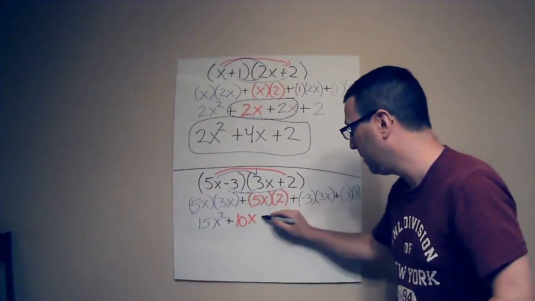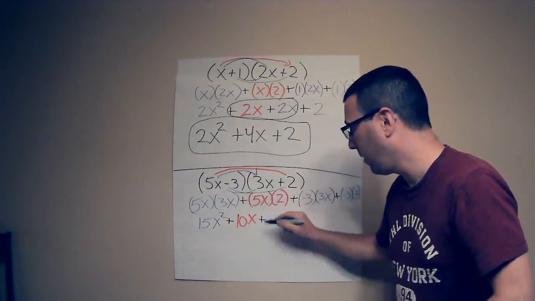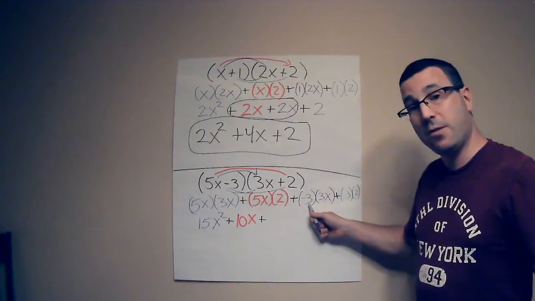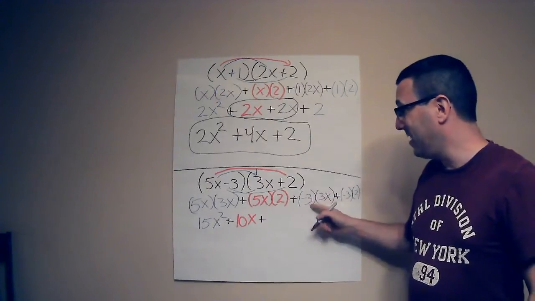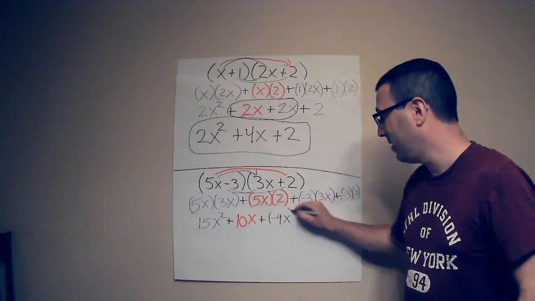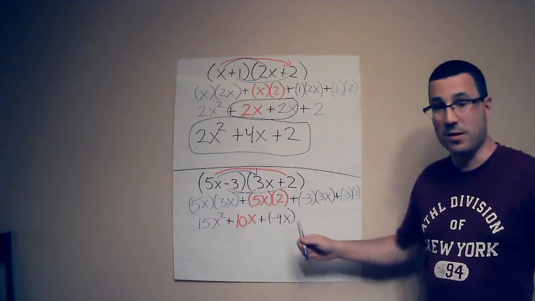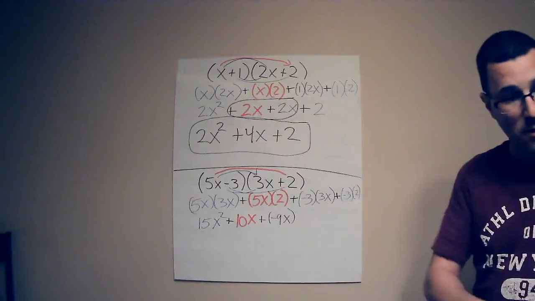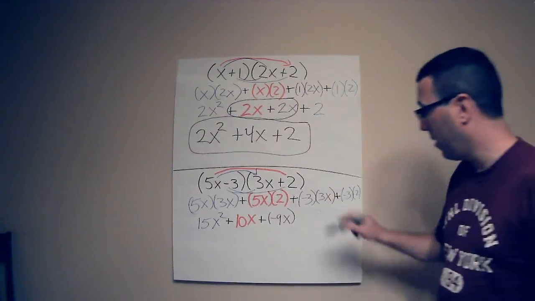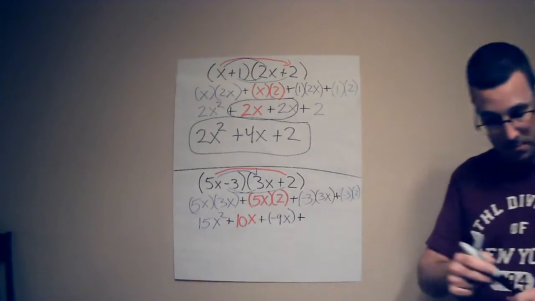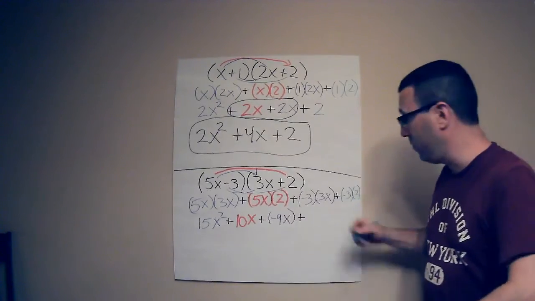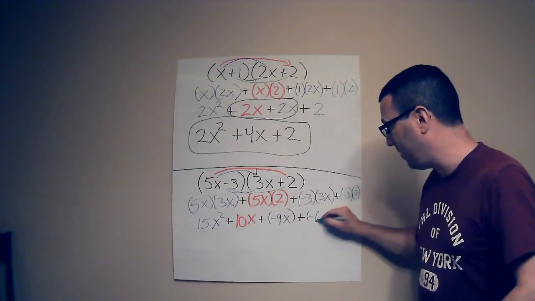Plus, this is the one I'm going to do a little bit weird. Negative 3 times 3x is going to be a negative 9x. I say it's weird because I'm putting that in parentheses, but there's a reason. I don't want a minus, plus a minus. Then plus, I'm going to do a weird one again. Negative 3 times 2 is a negative 6.